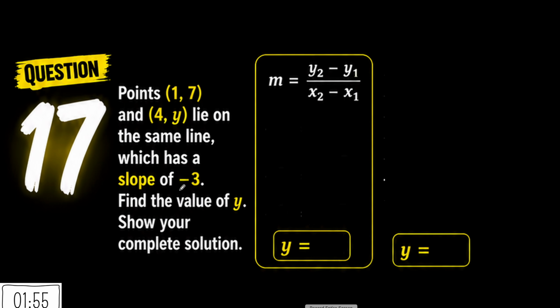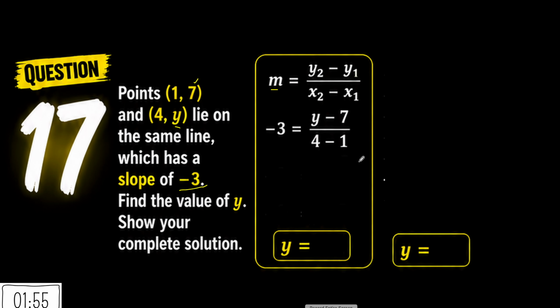Since may given naman na slope, papalitan natin to ng negative 3. That is equal to y sub 2. Since yung y sub 2 ay wala, ito yung y sub 2 kasi, di ba? So, sulat lang natin yung y. Minus y sub 1, which is 7. Then 4, x of 2, x of 1 is 1.